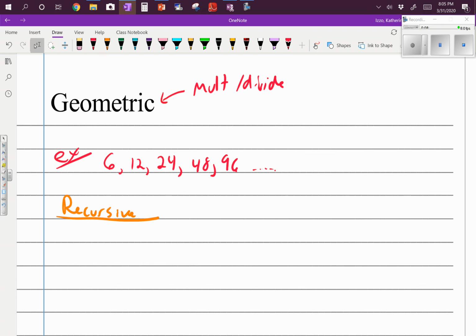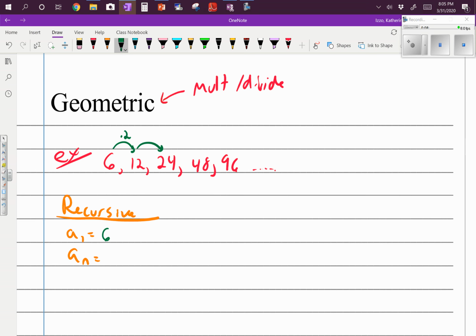Now, on Monday, we learned how to do the recursive formula. The recursive formula was how do we start out, and then what do we do after that? We start out with 6, so 6 is going to be where we start out. And then each time we go from 6 to 12 is not times 6, but nice try.